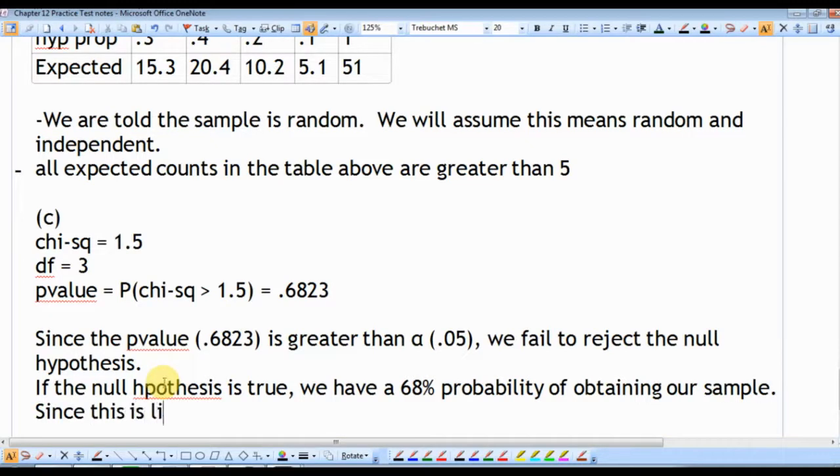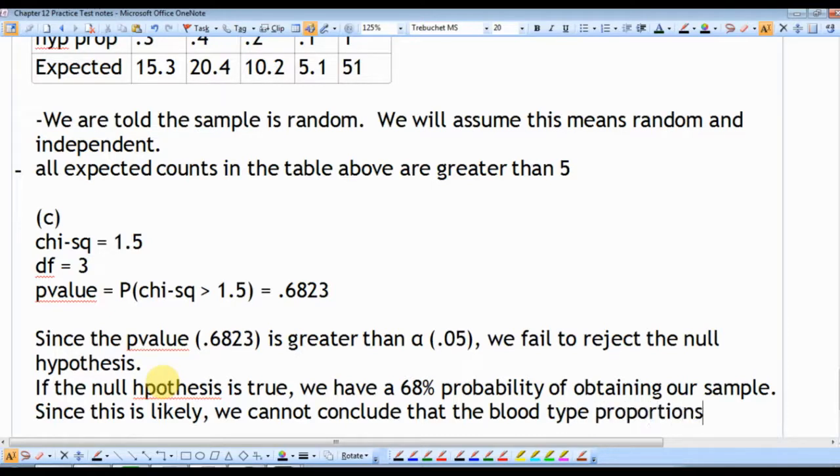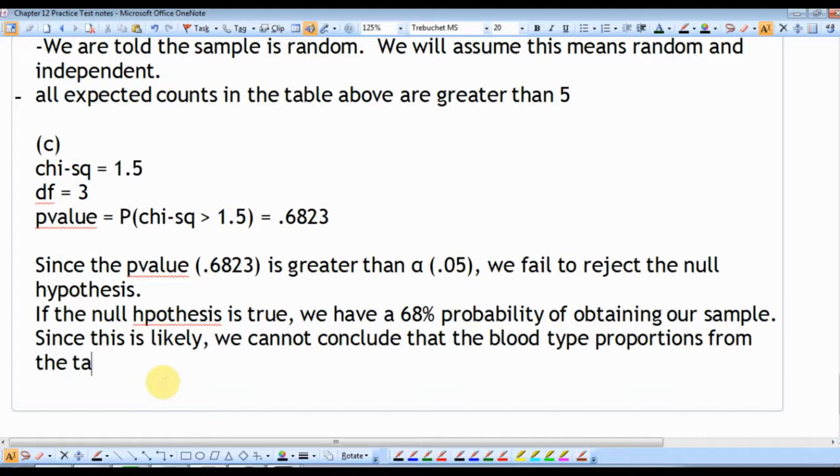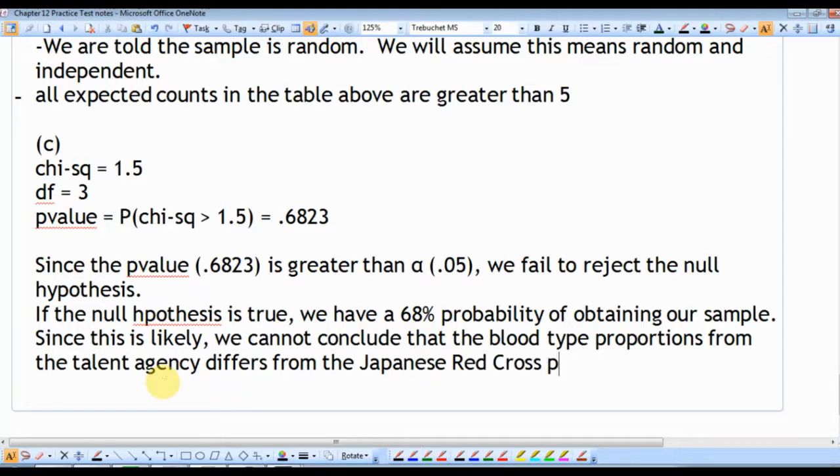Since this is likely, we have no evidence, or we cannot conclude, that the blood type proportions from the talent agency differ from the Japanese Red Cross proportions. That's kind of it.